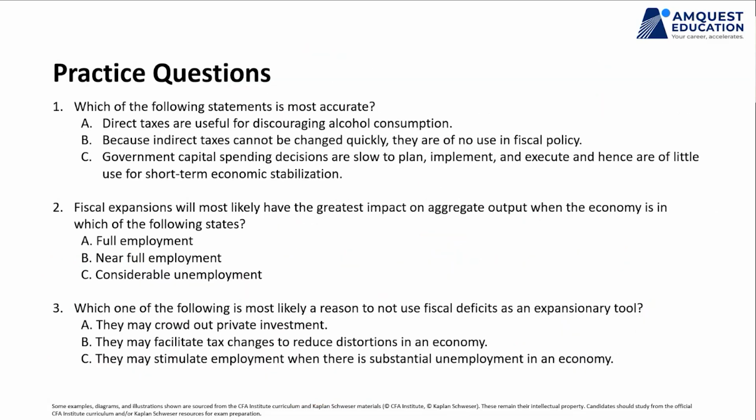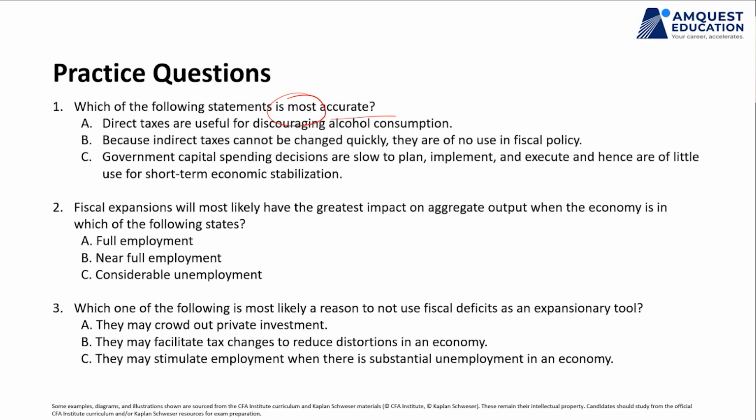Okay, let's try a few questions quickly. Look at the screen and answer, guys. Which of the following statements is most accurate? Remember, it's most accurate. Do direct taxes discourage alcohol consumption? Indirect taxes cannot be changed quickly.